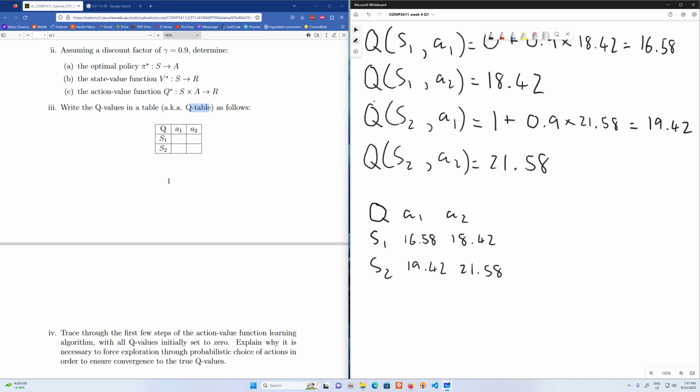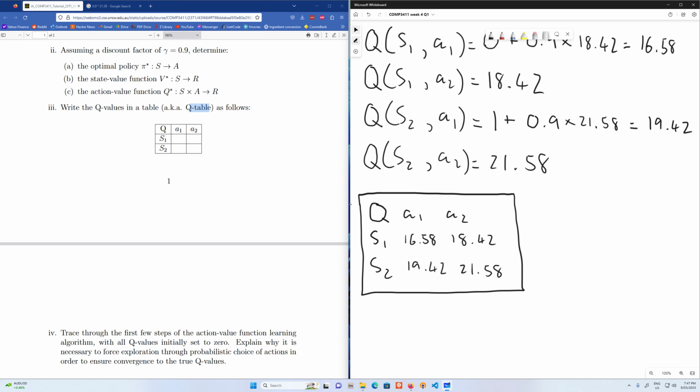So this little table down here can be used to read off an optimal policy. For example, if an agent is in state 1, it could simply inspect its options. It can either take A1 or A2.